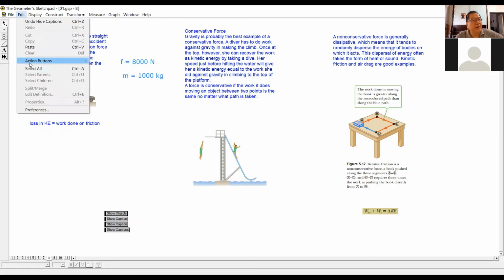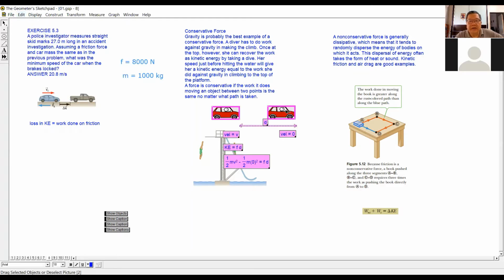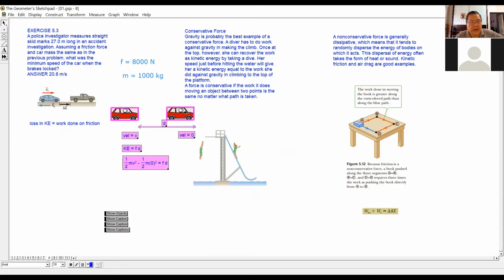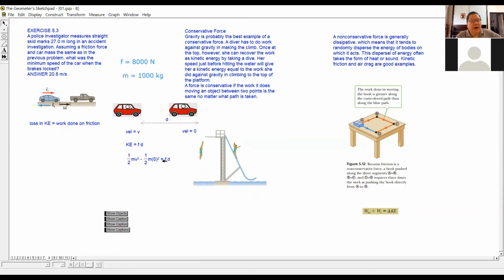So now, can you use this relationship to calculate how much is the velocity, right?